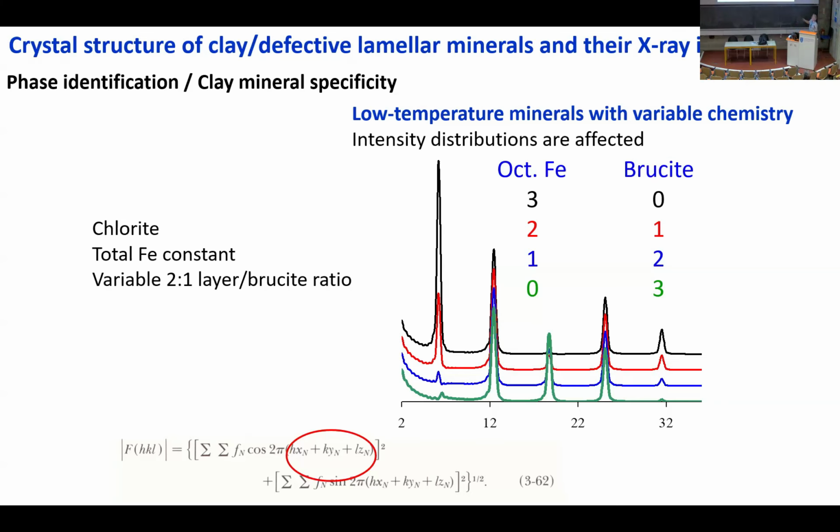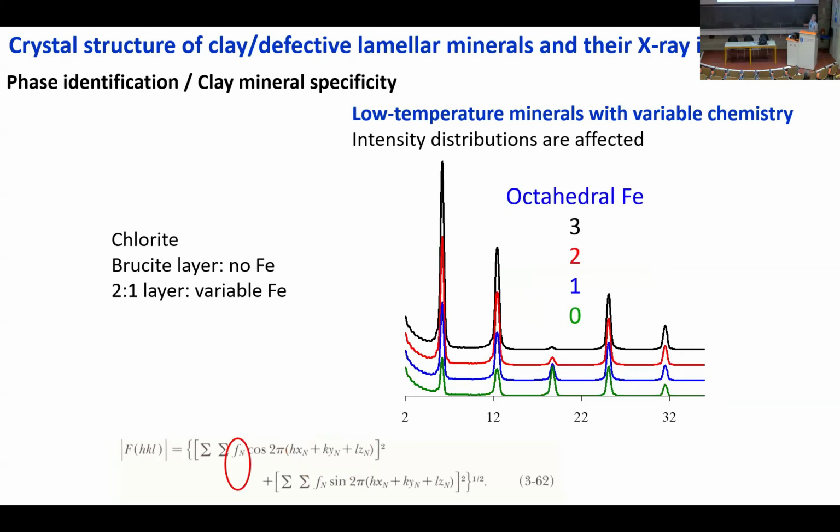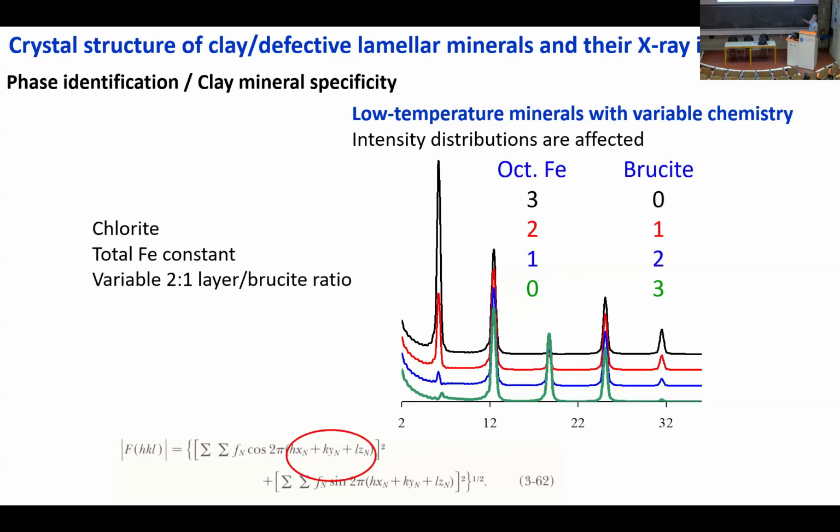The 3-0 here is exactly the same as the black one here. But you can see that depending on where I put the iron, I will have again the same peak position. The periodicity is again the same, but completely different distribution of intensity.